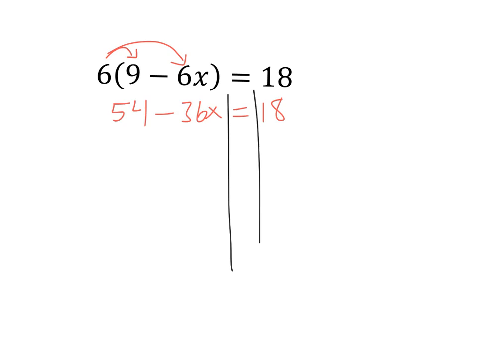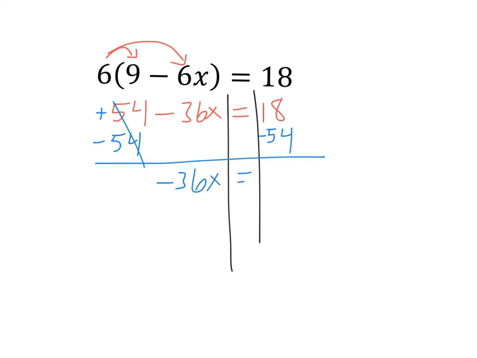Our first step to solve here is going to be to subtract 54 on both sides because we want to undo this positive 54 there. Okay, so that gives me 0, and we're left with negative 36x. Don't forget to bring down that negative. Negative 36x on the left side, and 18 minus 54 gives us negative 36.